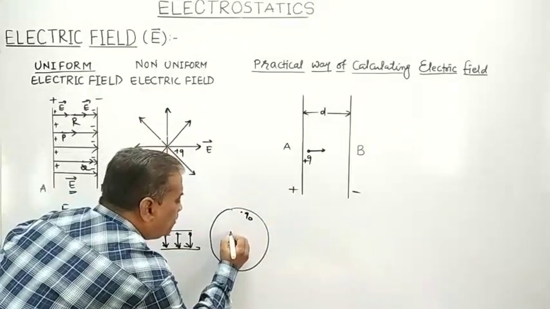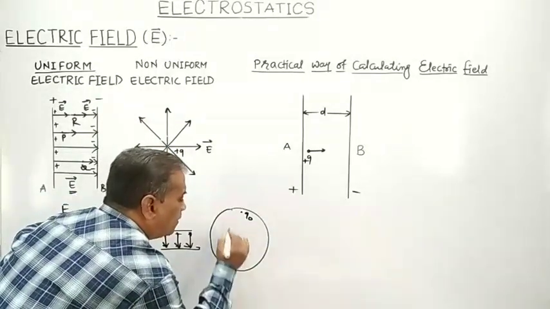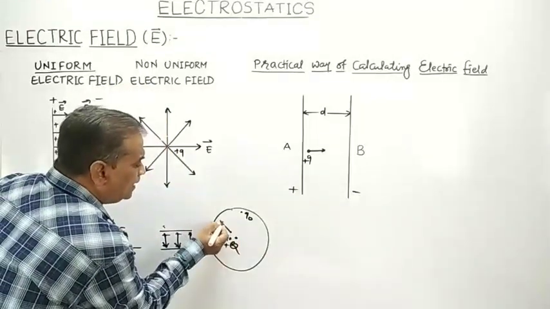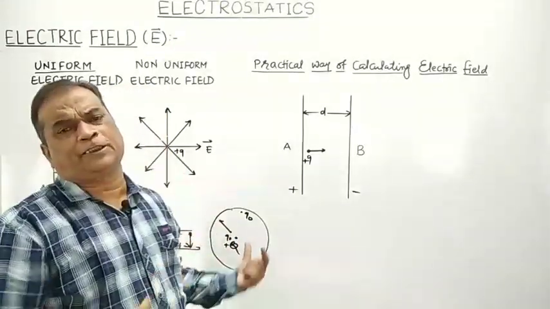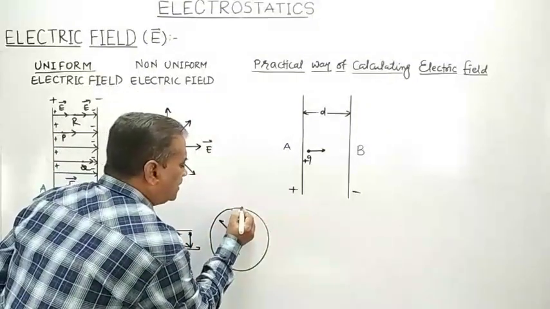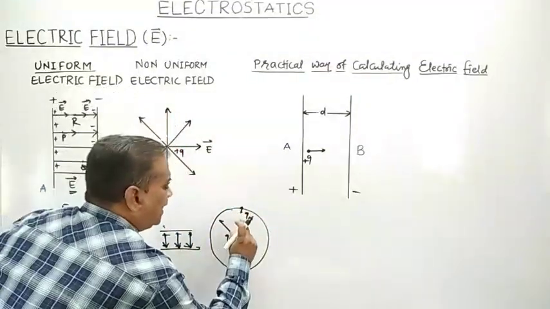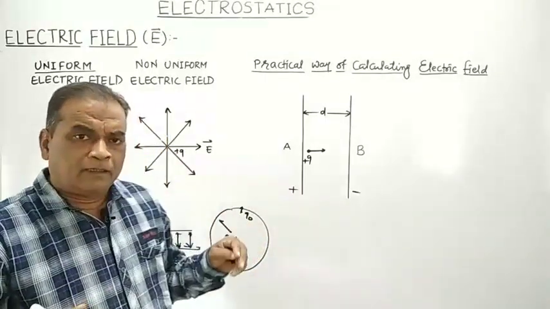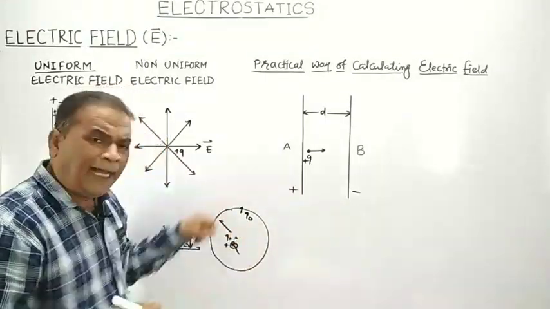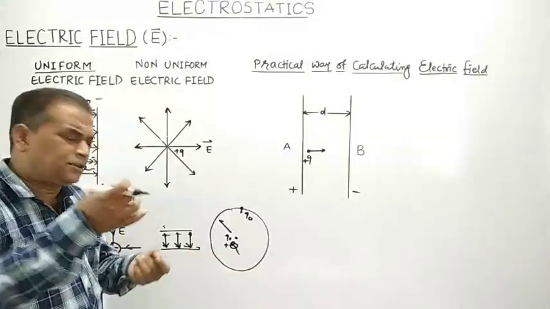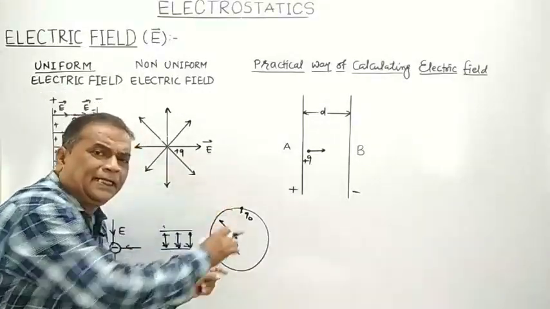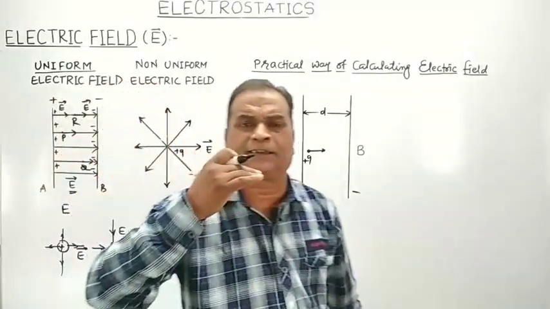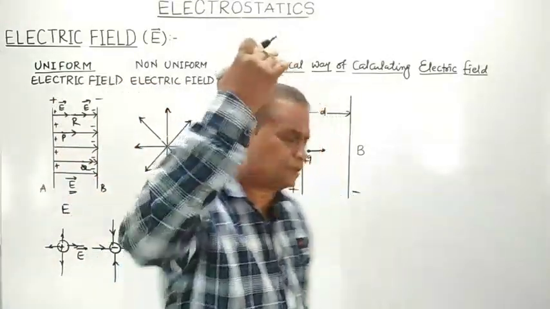If I place that charge Q0 very close to charge Q, then the force of repulsion will be more. Here the force of repulsion is somewhat less because it is at a somewhat longer distance from charge Q. Means, when I bring a test positive charge nearer and nearer to a given positive charge, that test positive charge will experience what? More and more force.